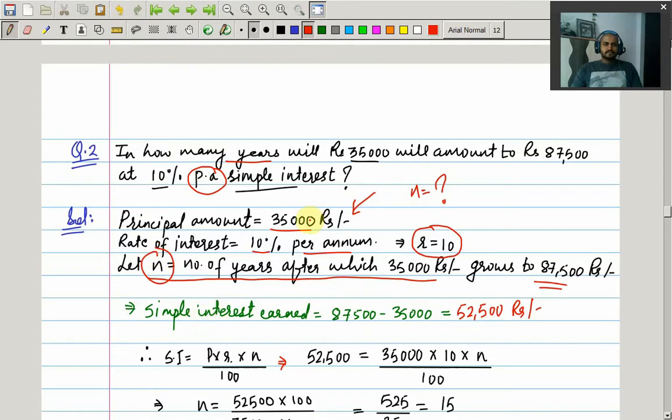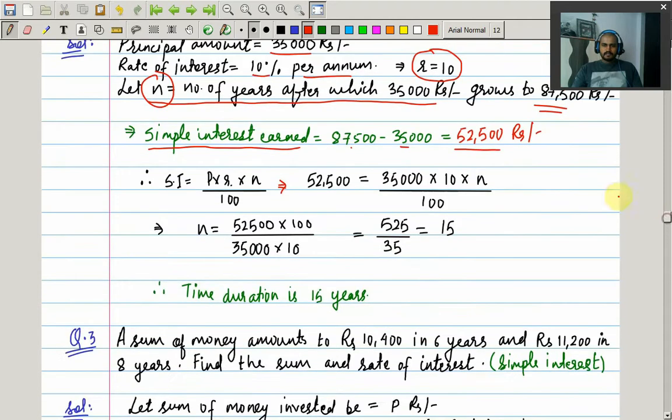It's given that 35,000 should grow to 87,500. The extra money, or the simple interest earned, is calculated by 87,500 minus 35,000, and the extra amount is 52,500. That's my simple interest amount.